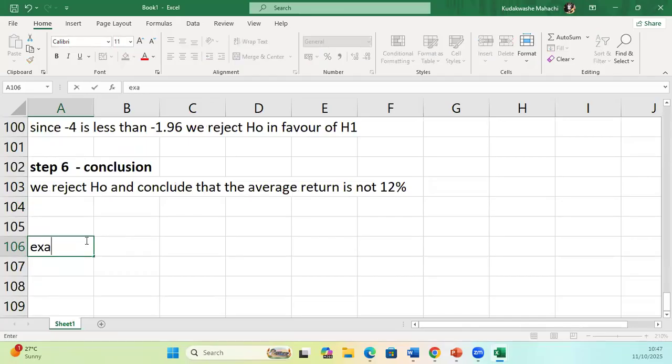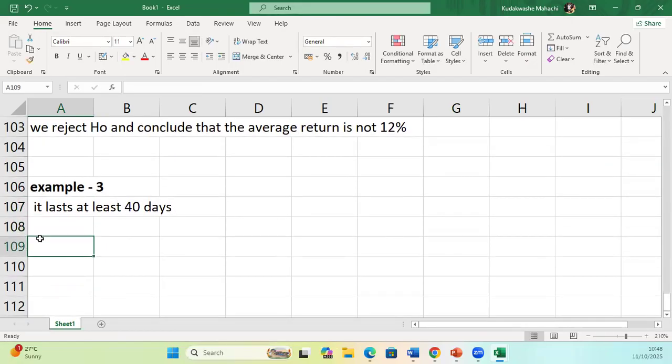Our time is now running out. So this is now example 3. For example 3, they're claiming that it lasts at least 40 days. So if you know your inequalities very well, at least 40 means they are saying 40 and above.